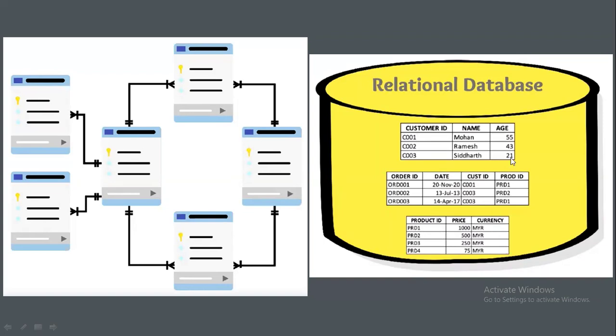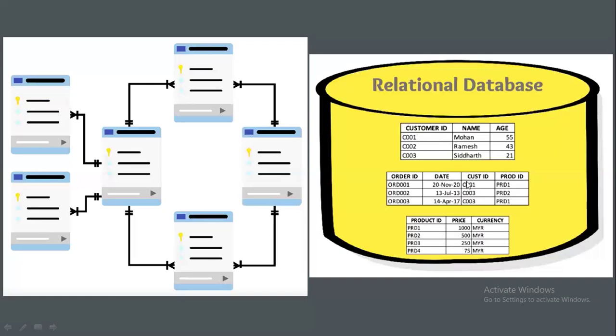How do we give the relationship? For example, from the customer table to the orders table, in the customer table we have customer ID, and in the orders table we also have customer ID. Based on customer ID, we will give the relationship and join.